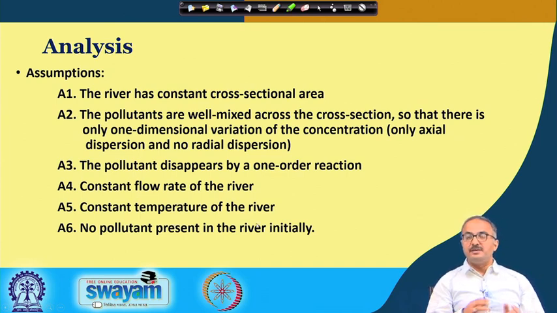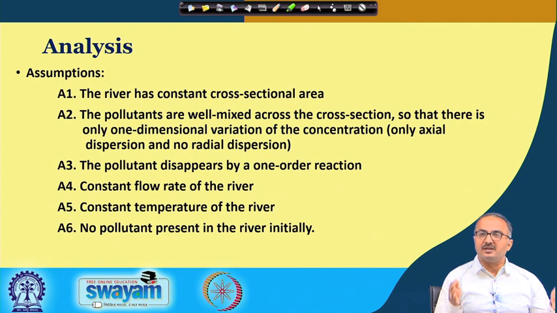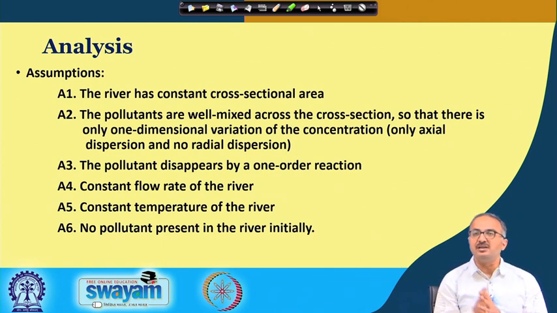This constant flow rate means it is not that the river changes its flow rate very frequently. So, for a finite time period, we may consider that the river has a constant flow rate. And thermally also, many a times we find that it has a large thermal capacity.